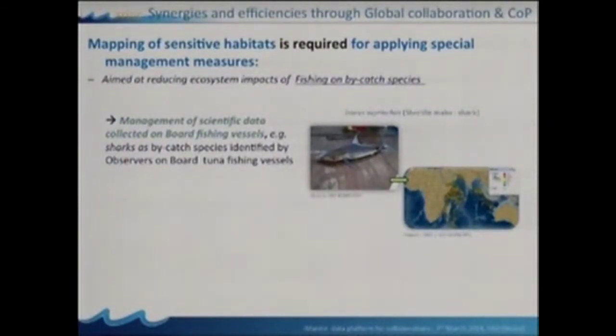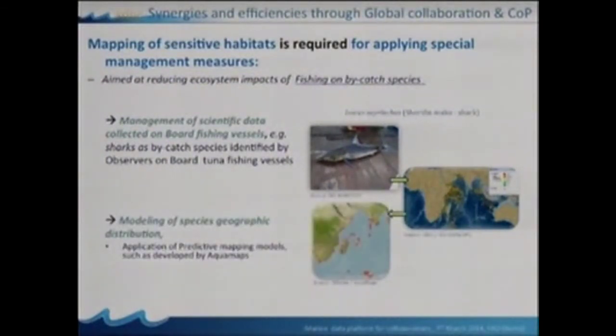And although these are efforts stemming from the fishery community, this occurrence of bycatch species can indeed benefit from the approaches that the biodiversity or ecologist scientists have developed and result in the type of maps that I was presenting before. So here also I highlight the potential for synergies.